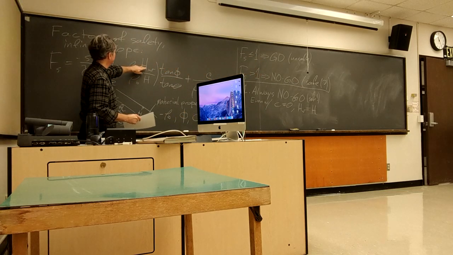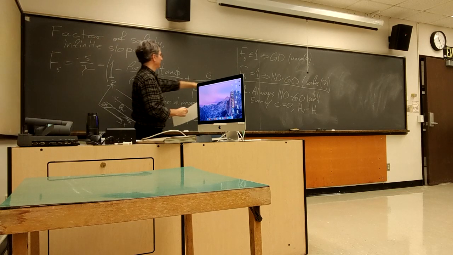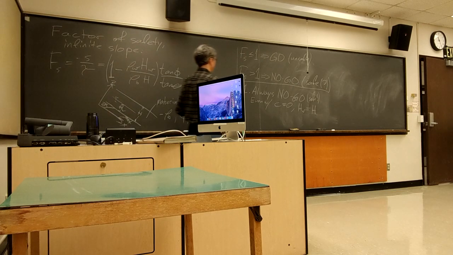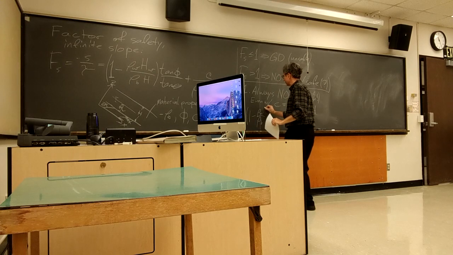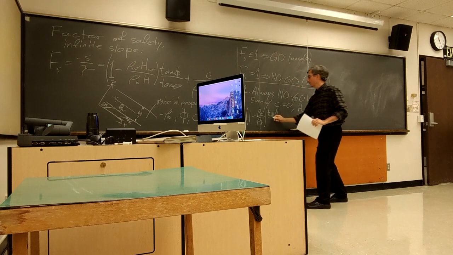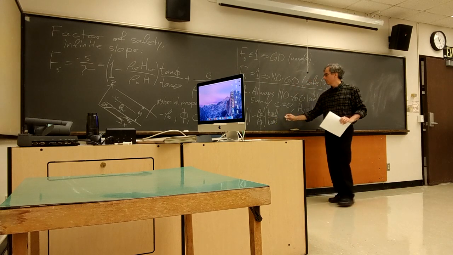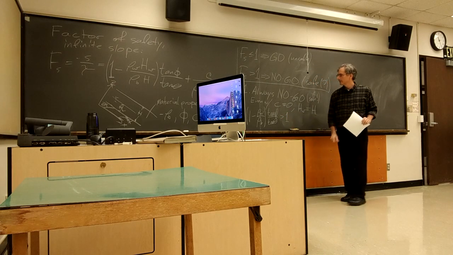So I look here and I go, HW equal to H, that means that ratio is 1. Cohesion equals 0, this term goes away. And so what I'm saying then is that 1 minus the density of water divided by the wet bulk density of the material times the ratio of the friction slope to the ground surface slope, that is still always greater than 1.